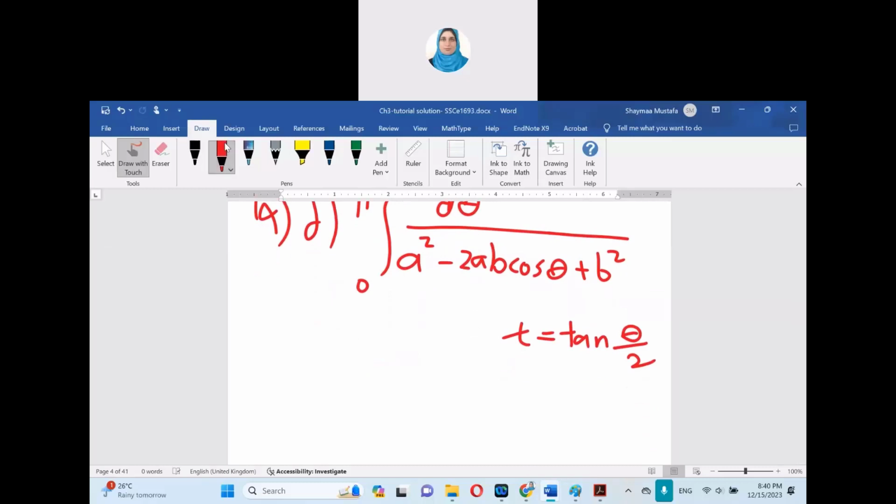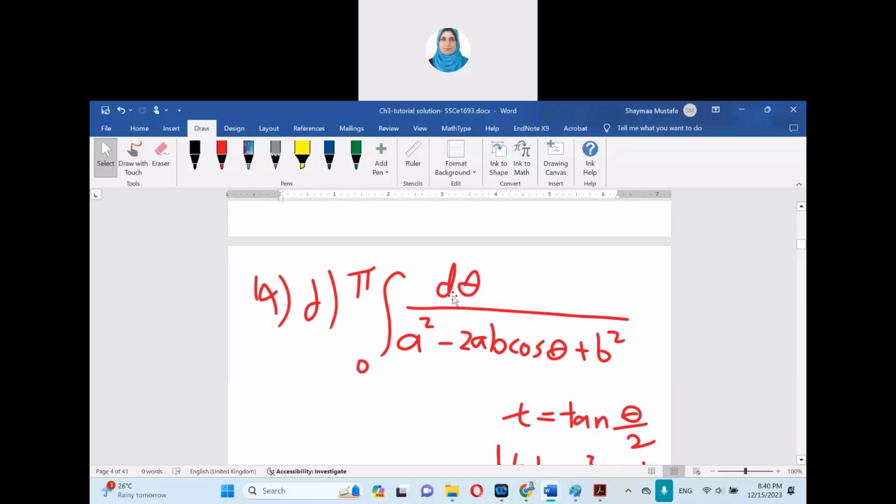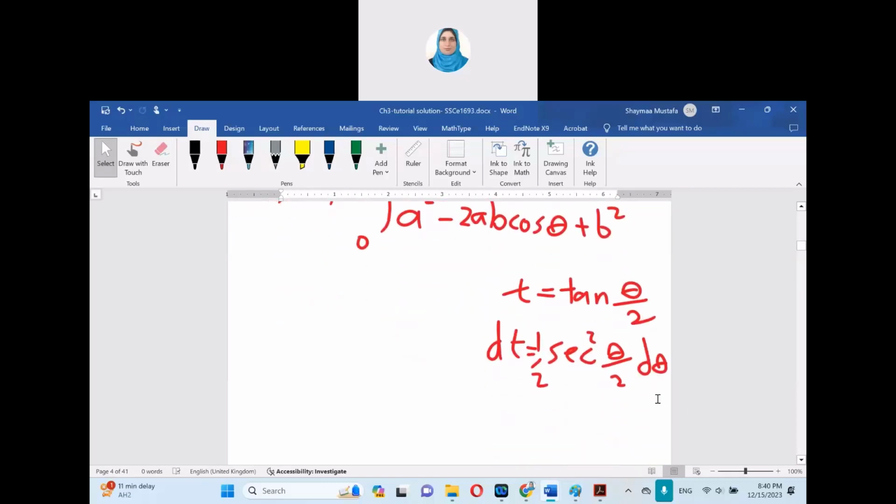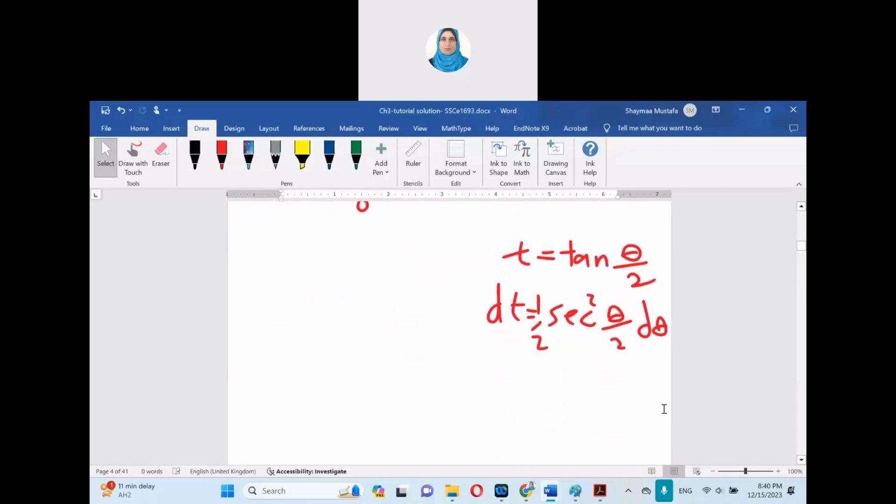So dt is sec squared of theta over 2 multiplied by 1 over 2 d theta. Because we have only d theta here, I need to write d theta in terms of dt.